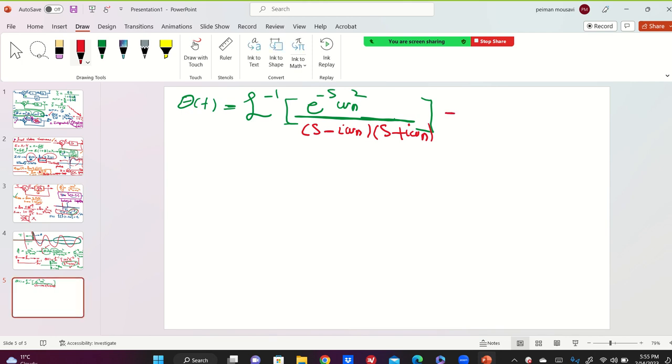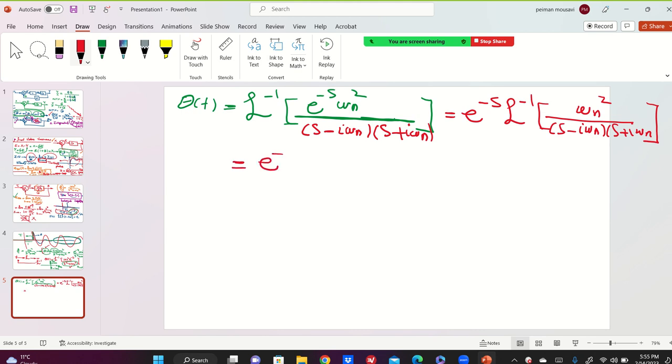So I can take this out: e to the minus s for now, times the Laplace of omega n squared over (s minus i omega n)(s plus i omega n). Then you can write this like that.